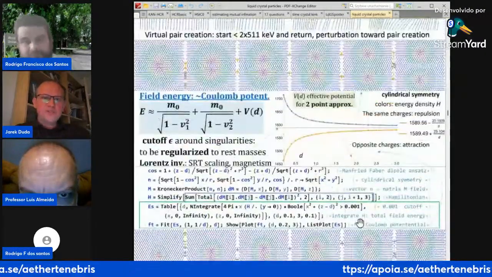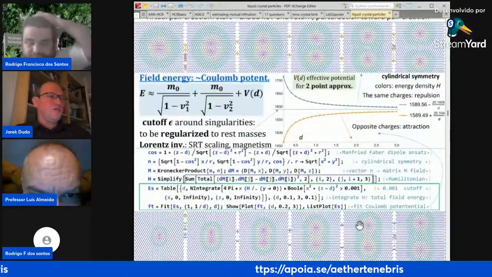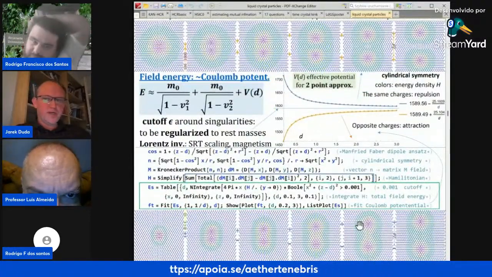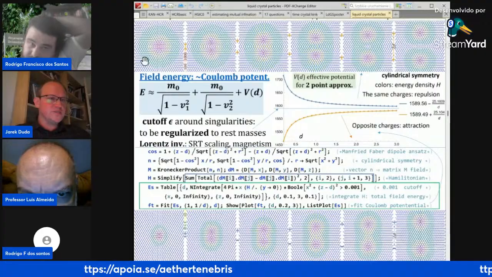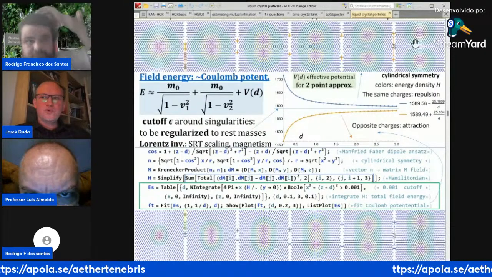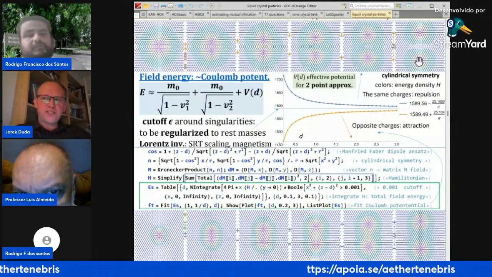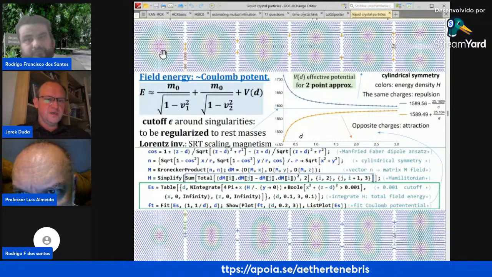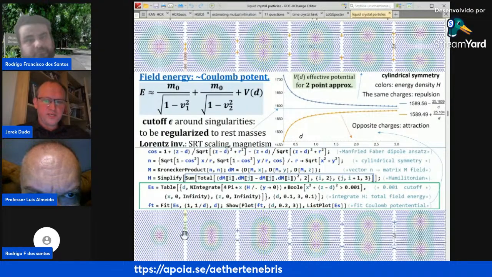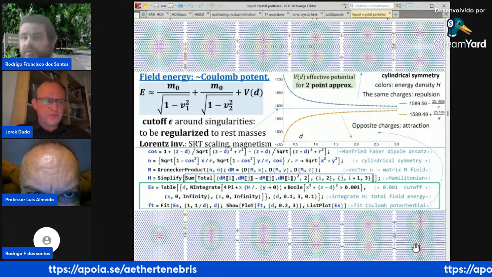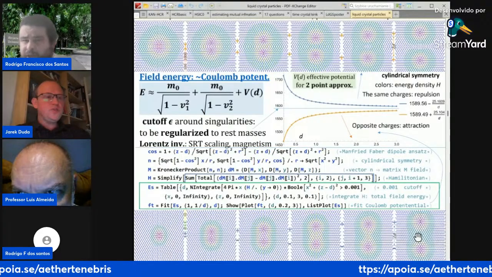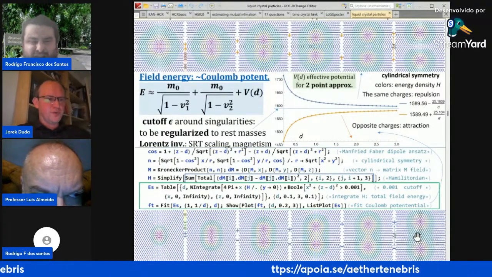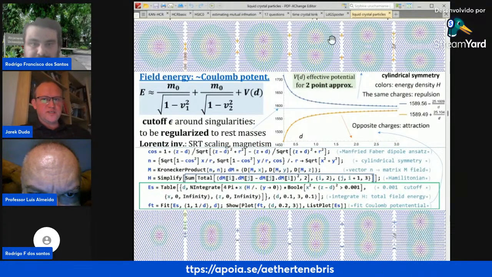Okay, so here is a simple numerical derivation of the Coulomb interaction. We create this configuration with two charges, the same charges, plus and plus, at various distances. Here with opposite charges, plus and minus, so plus topological charge and minus topological charge. We integrate the Hamiltonian to get the energy of these configurations for these various distances.